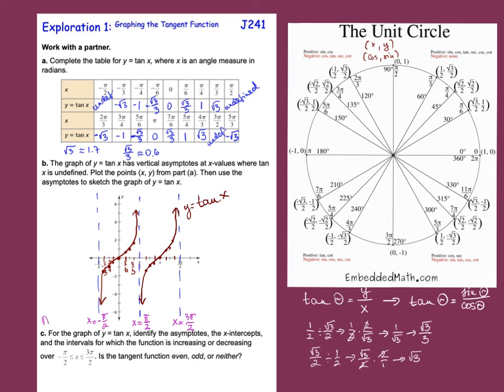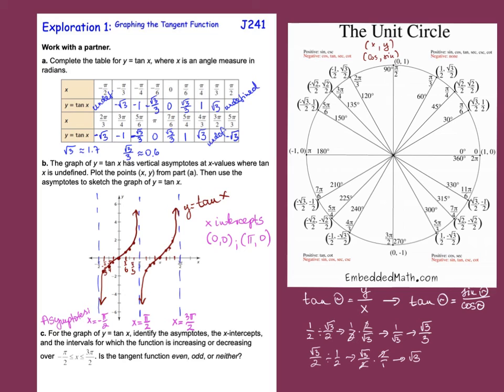And I will label these asymptotes. And then we are going to find our zeros or x-intercepts. So our x-intercepts occur at 0, 0. And the second one is at pi, 0.